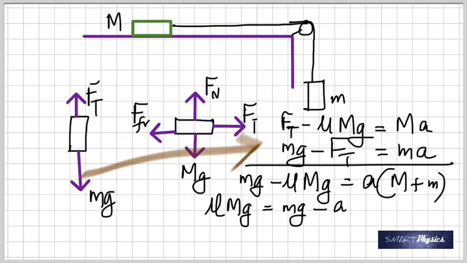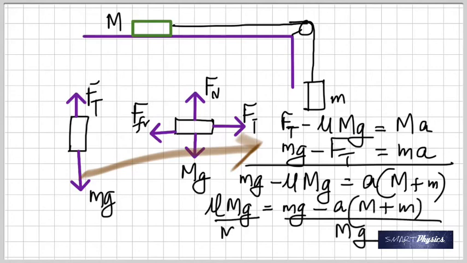Rearrange. Divide both sides by mg and you get the equation for the coefficient of friction. So I've answered all questions from 43 to 45. Use this to prepare for the exam. Thank you and good luck.